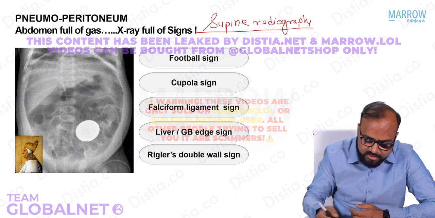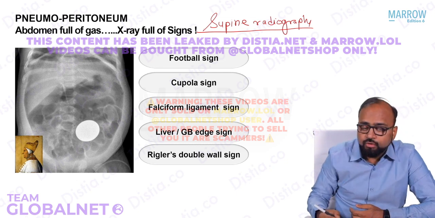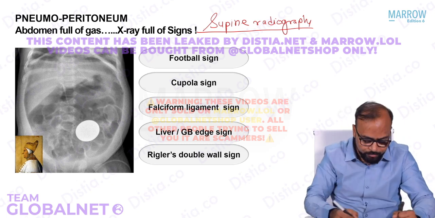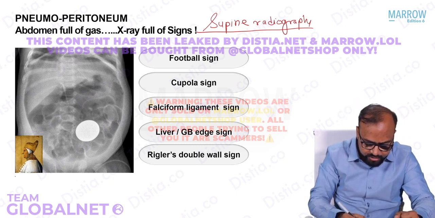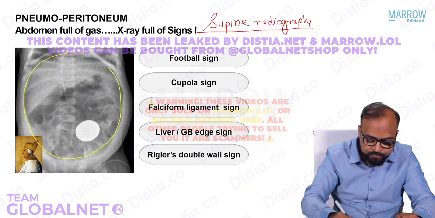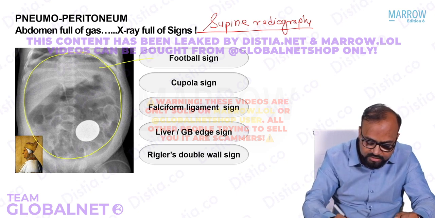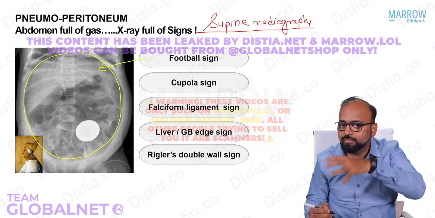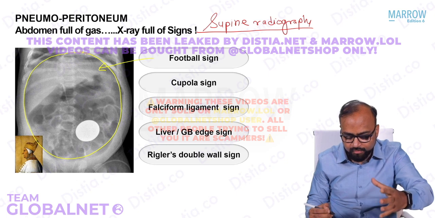What are all these signs? In a supine position, all the air rises up and collects just below the anterior abdominal wall. When it collects there, it creates this oval lucency, and this is what is called the football sign. That is because air has risen up and collected centrally below the anterior abdominal wall, creating that oval lucency.